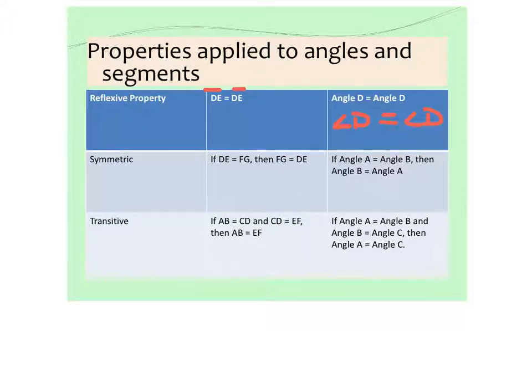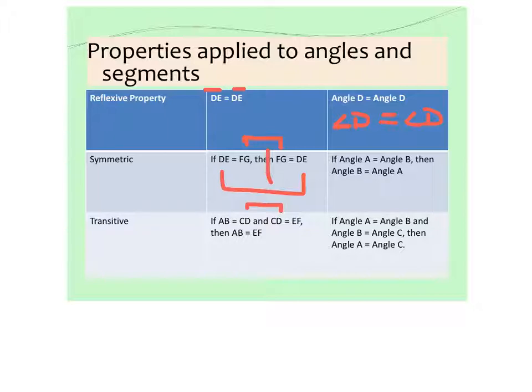Then you have your symmetric property. Remember, it's like a line of symmetry. So notice that the FG's match and then the DE's on the outside if you were to fold it up. Same thing with the angles. And then again, your transitive. These two things, the end of this one needs to match the beginning of this one.